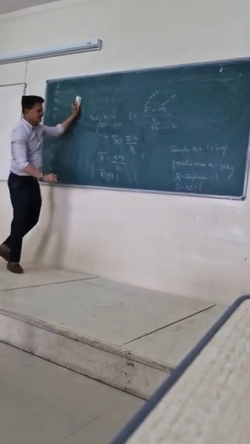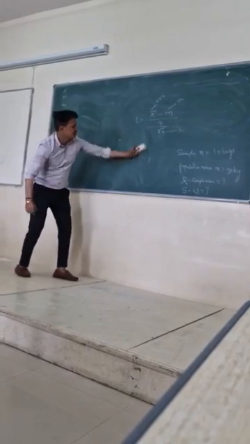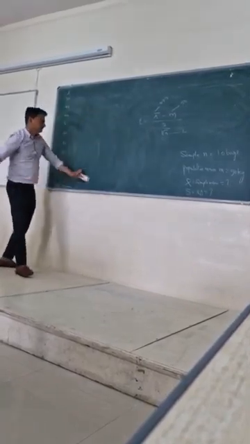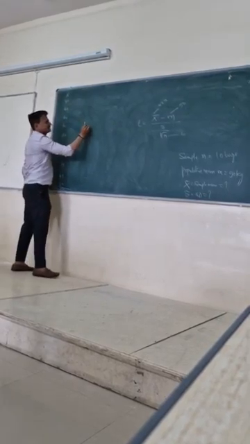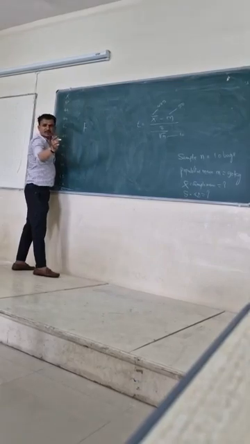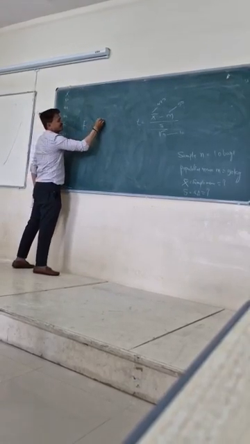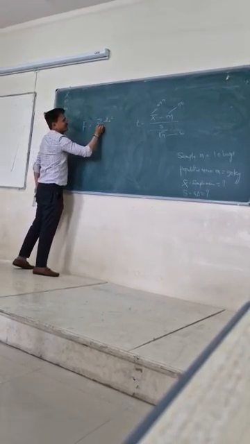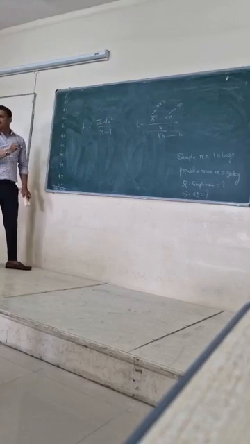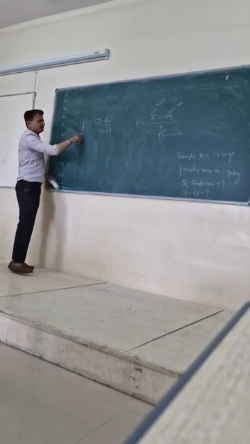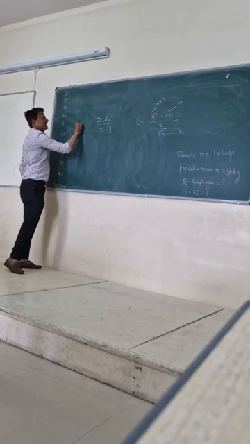So how to calculate S? I told you for the F test there is one formula, that is summation of dx square divided by n minus 1. So here also we have to use the same formula for variance.